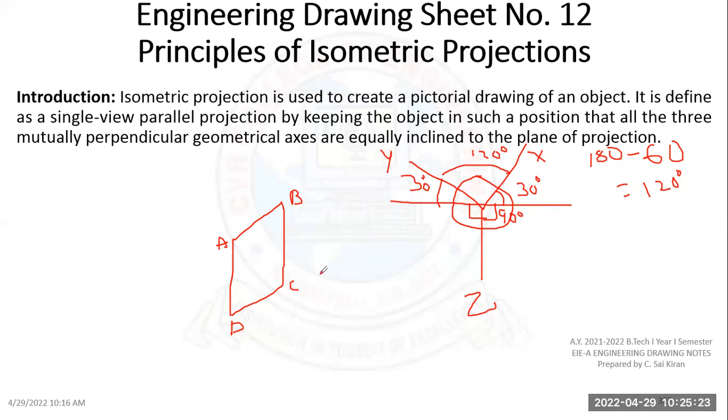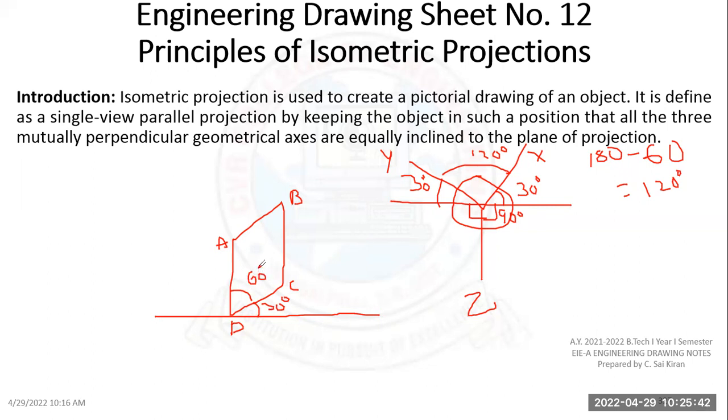Then the internal angle is 120. So in this case also, if I want to draw a cube as an isometric projection, I have to take an angle of 30 degrees, and this internal angle will be 90 minus 30, which is 60 degrees.